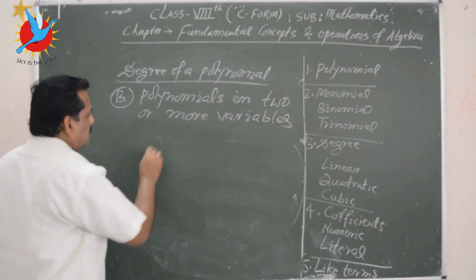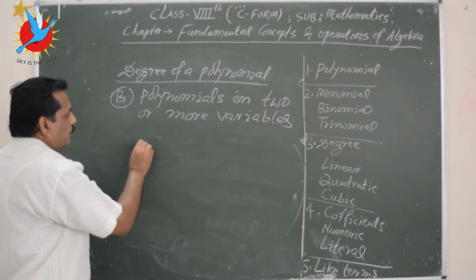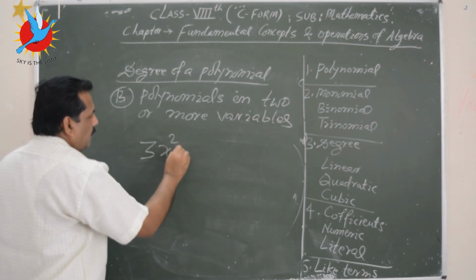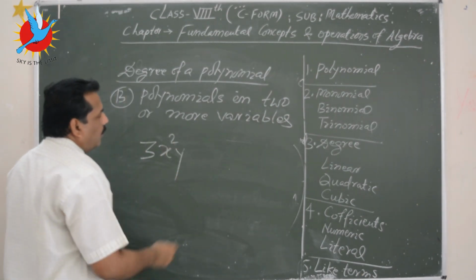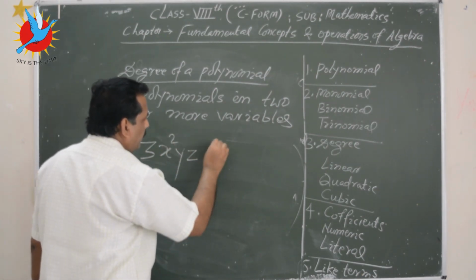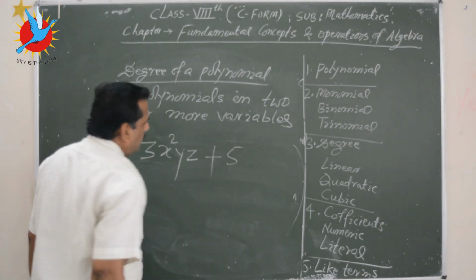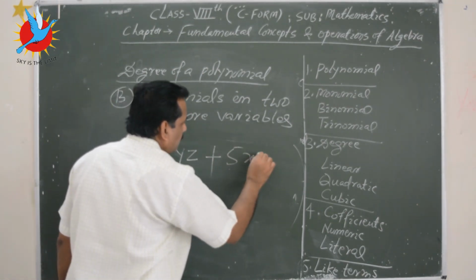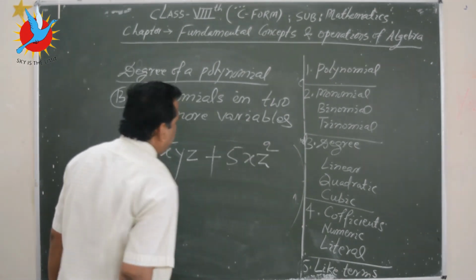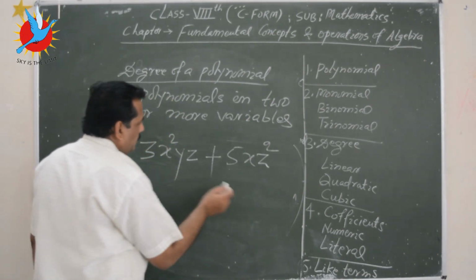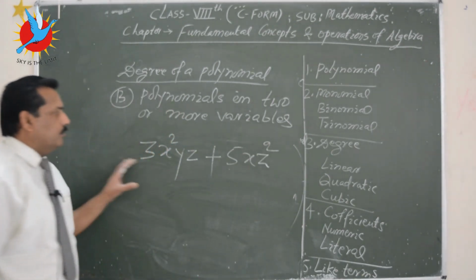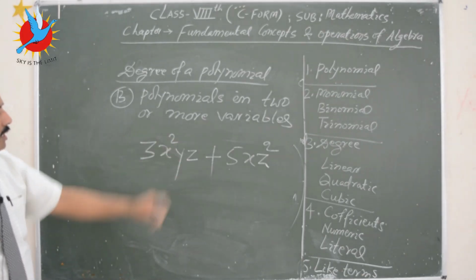Let us say this is 3x square y z plus 5x z square, and let us take only 2 terms.